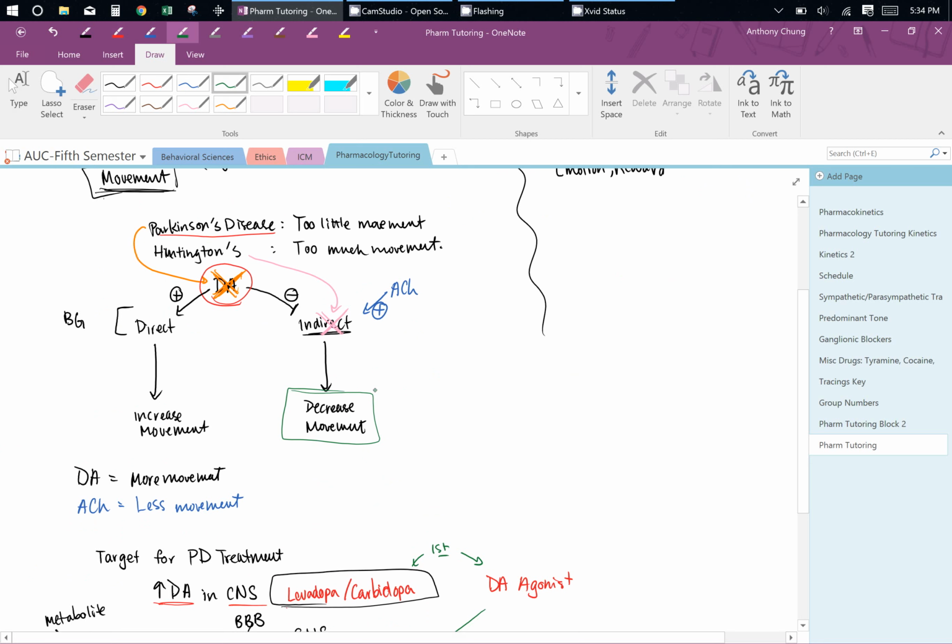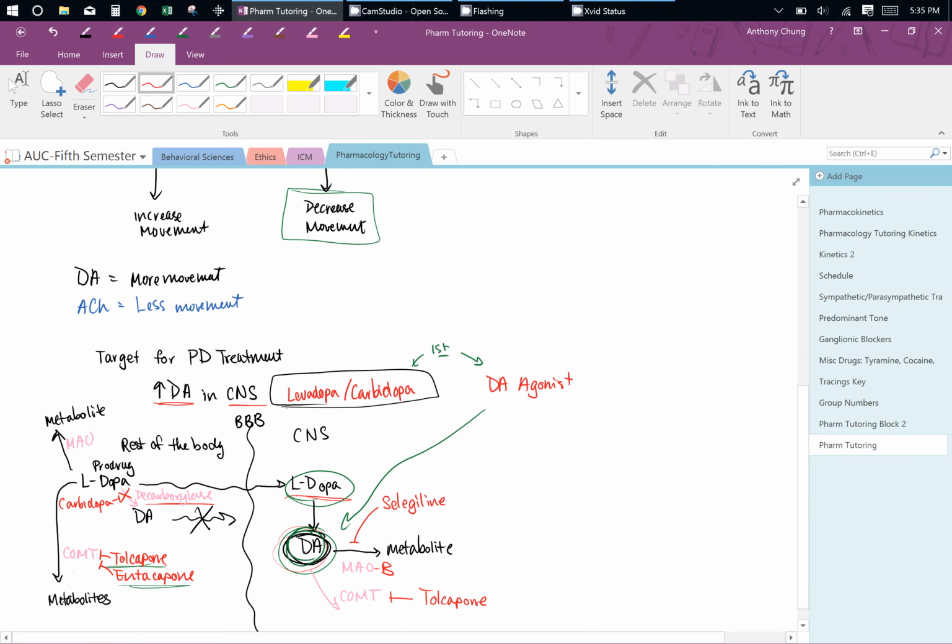So to increase movement, what would you want to do with acetylcholine? Block it somehow, right? So you can use a muscarinic antagonist. So that in theory should also, you're inhibiting the stimulation for the decrease of movement. So in the end, that should increase movement.